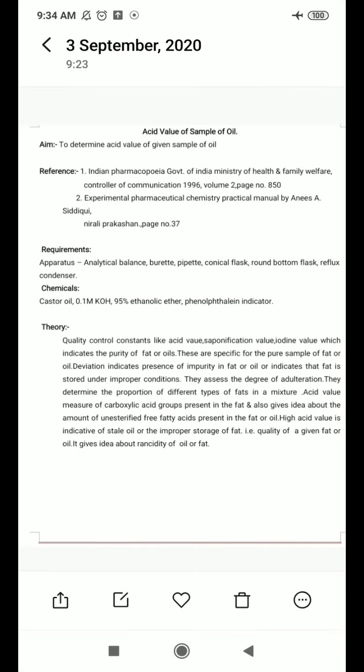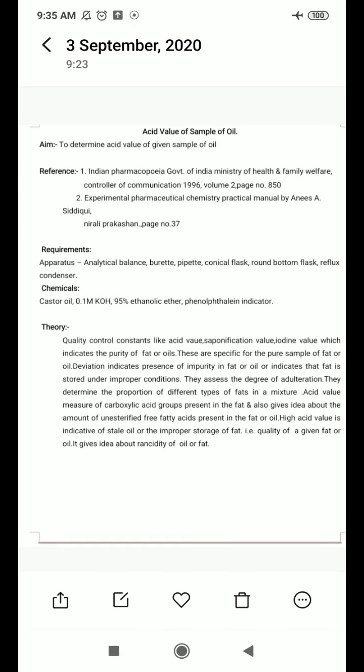In standard books like the Indian Pharmacopoeia, the standard value of acid value is given. Suppose the standard is between 100 and 120; if the value falls in between, then your sample is pure, which means it is not rancidified and not degraded.